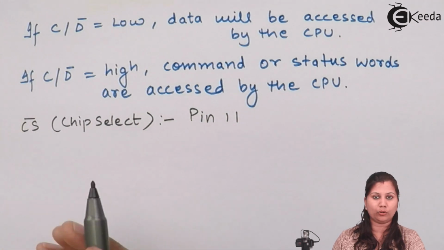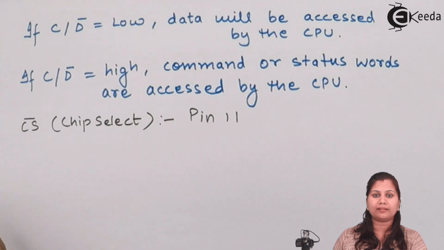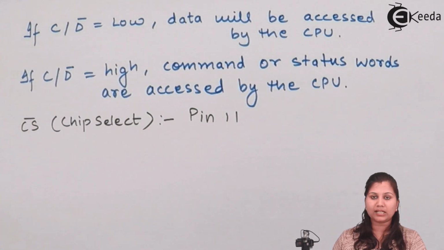When it is low, means its value is 0, then the 8251 chip will be selected, and when it is high, then the chip will not be selected. So if we want to perform any task with the 8251 IC, we have to first select this pin.